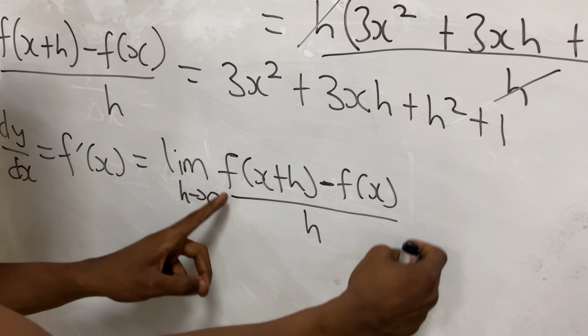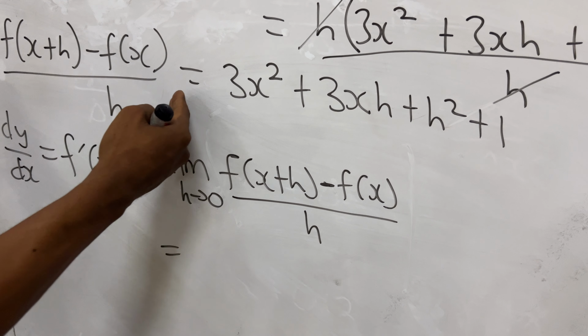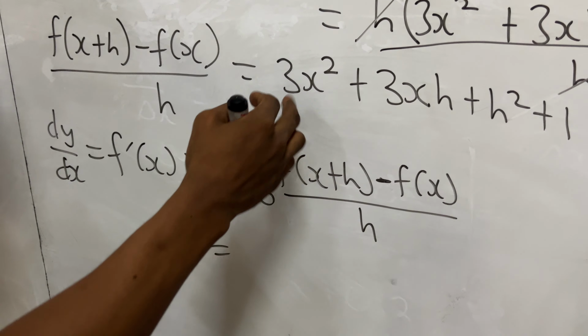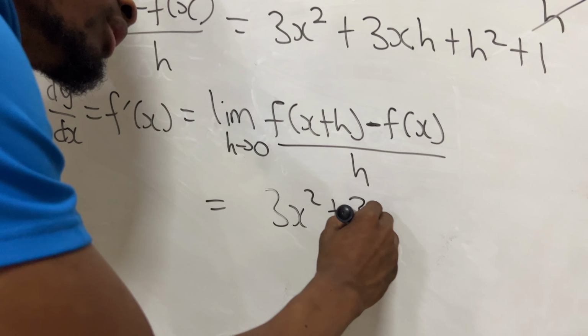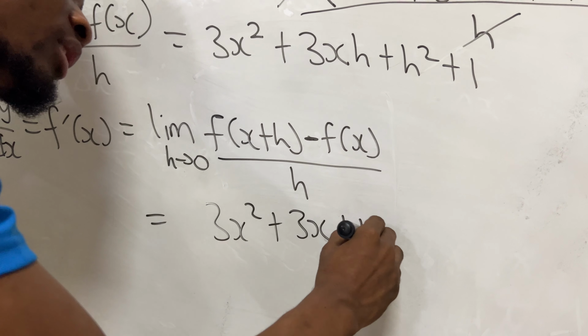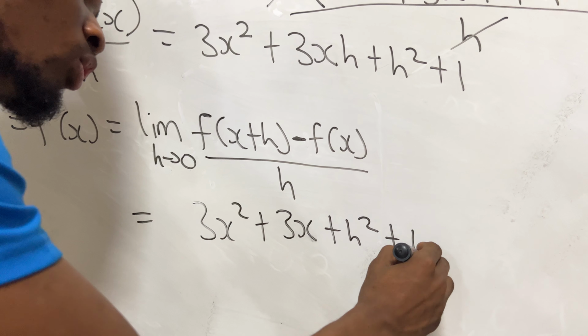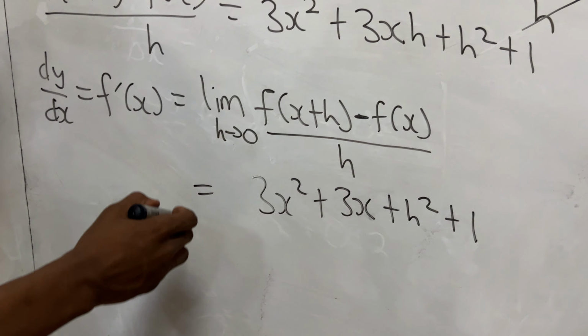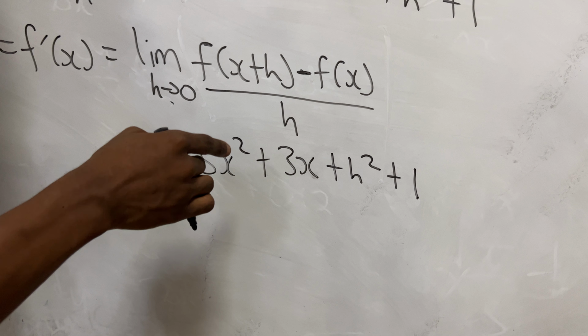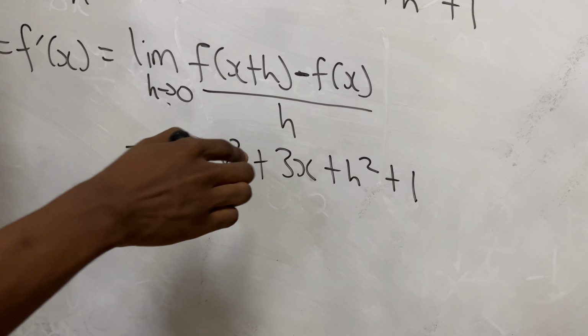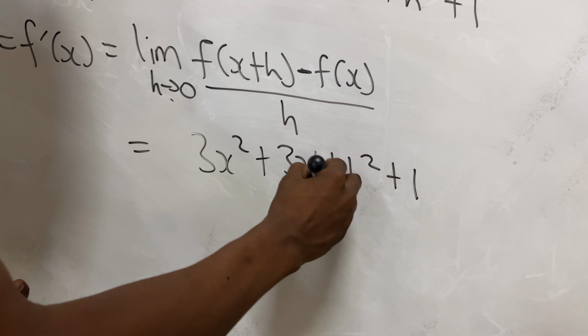So this whole expression is giving me this, because I can see it over here. So I have 3x squared plus 3xh plus h squared plus 1, as h approaches 0. So wherever I see h, I'll put 0 there.